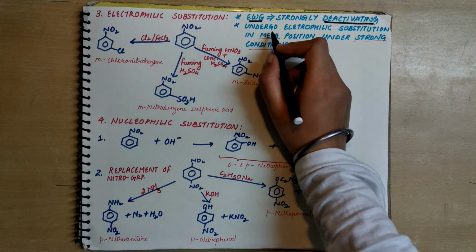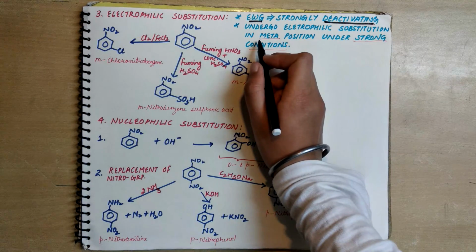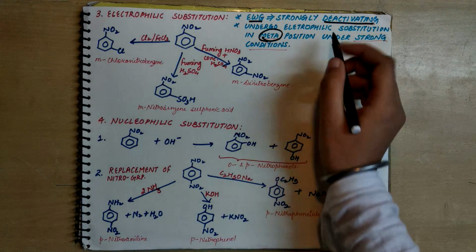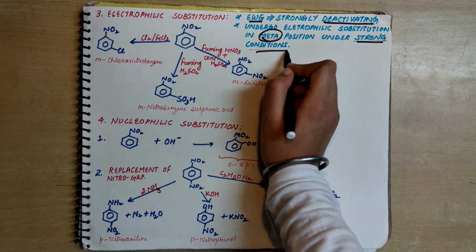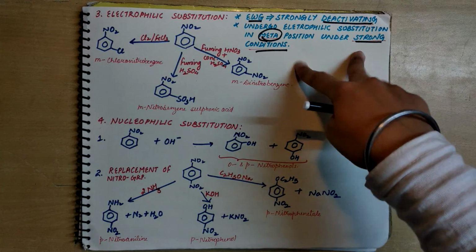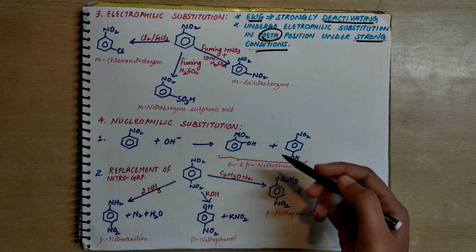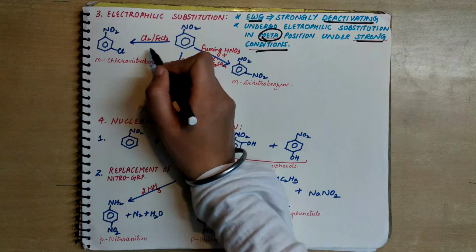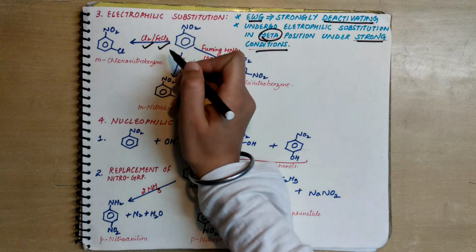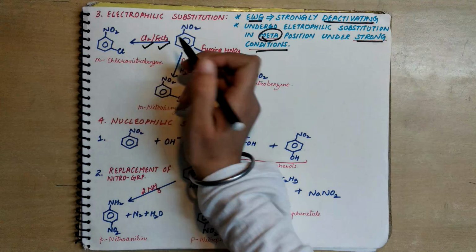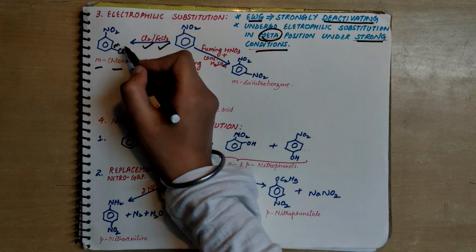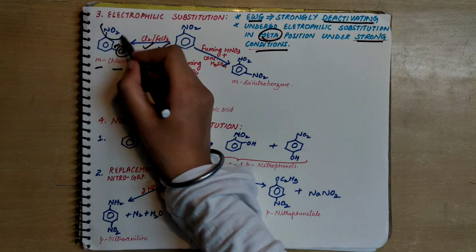It undergoes electrophilic substitution reaction at the meta position, and because it is a deactivating group, it only occurs under strong conditions. So let us take the examples. Nitrobenzene in the presence of chlorine and FeCl3 gives meta-chloronitrobenzene.